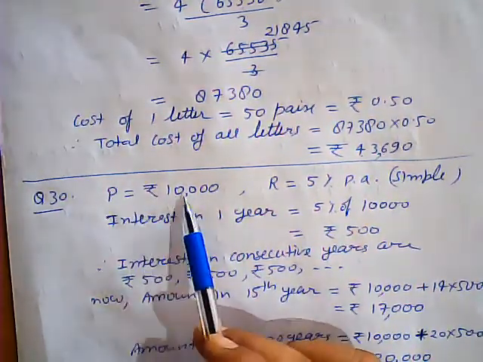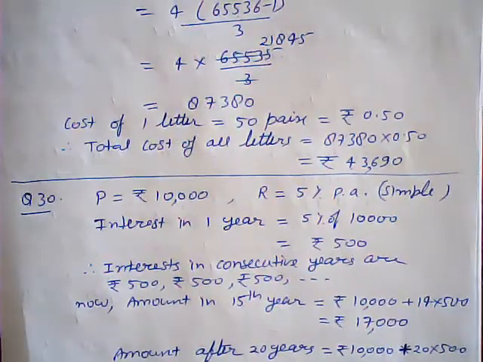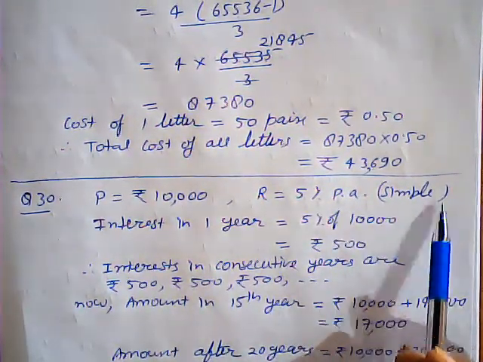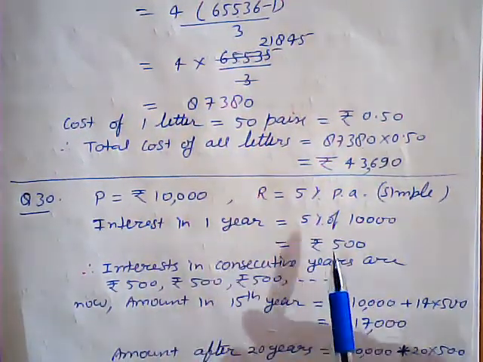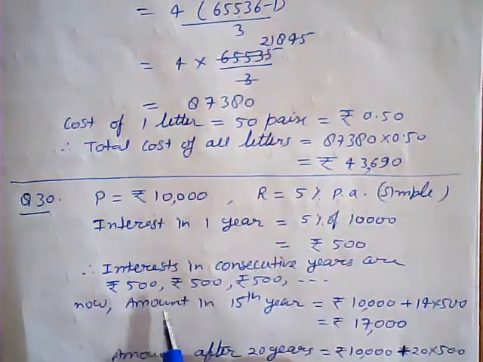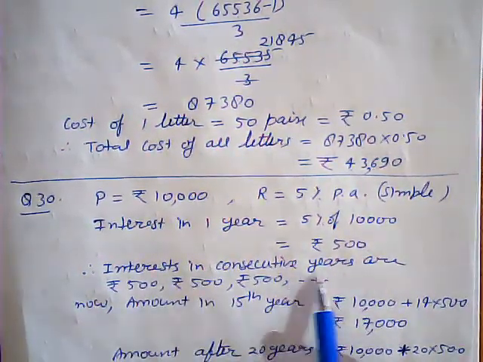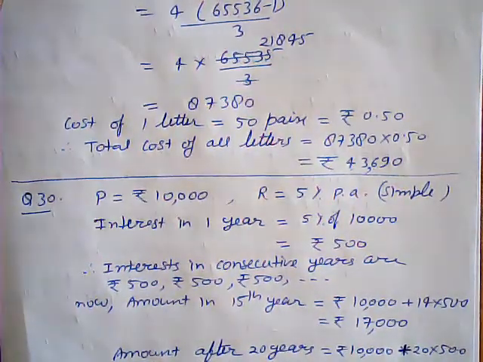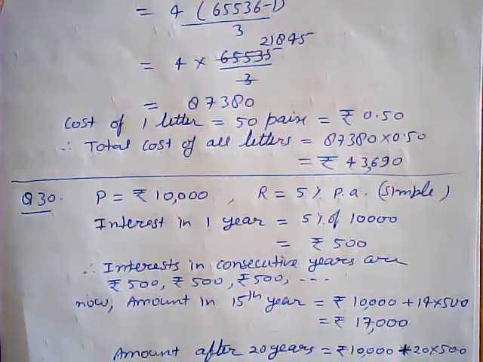The principal is rupees 10,000. Rate of interest is 5% per annum, simple interest. Interest in 1 year equal to 5% of 10,000, it is rupees 500. Interest in consecutive years are 500, 500, 500. It means it is 500 every year.